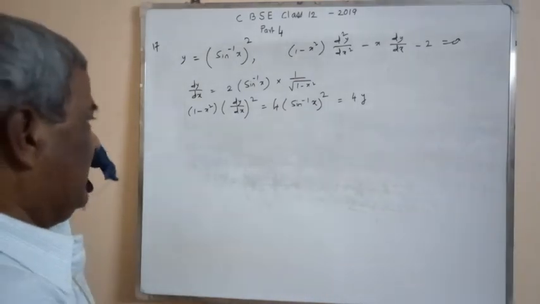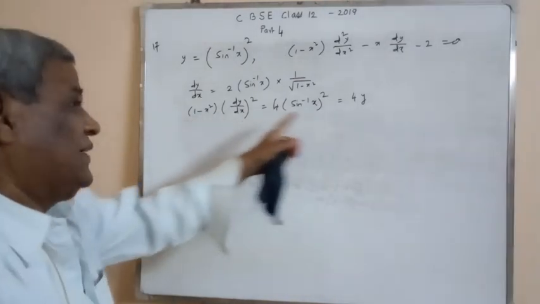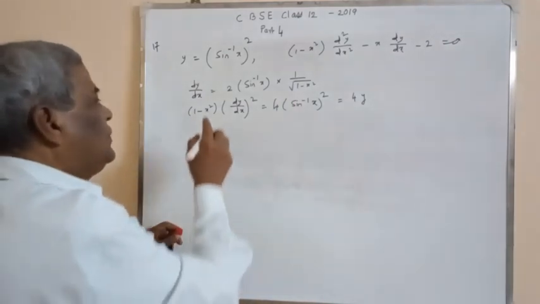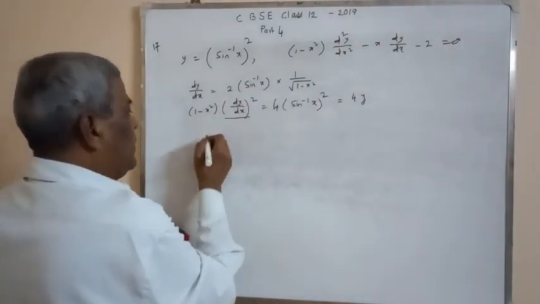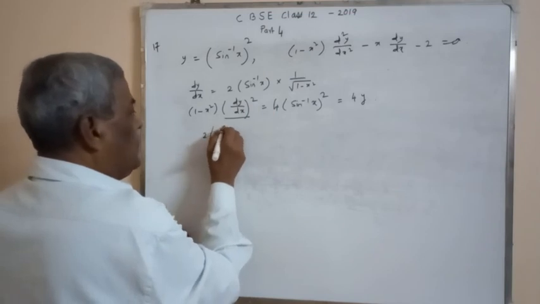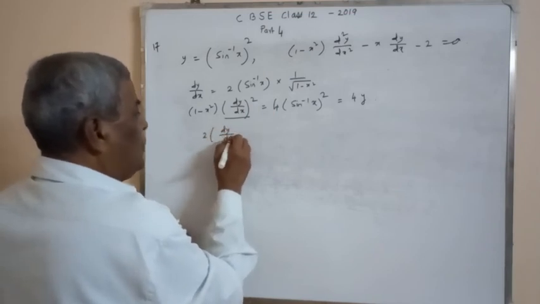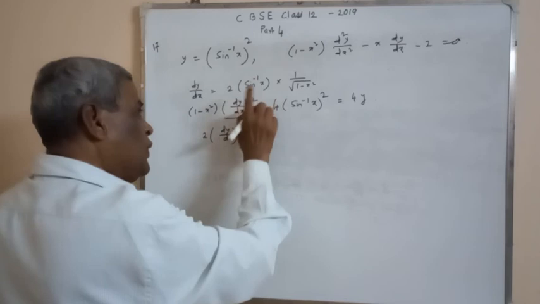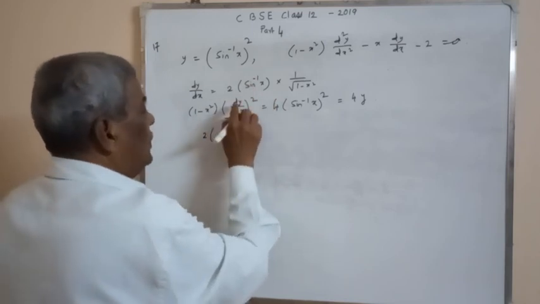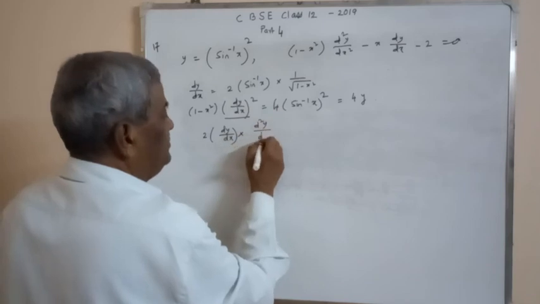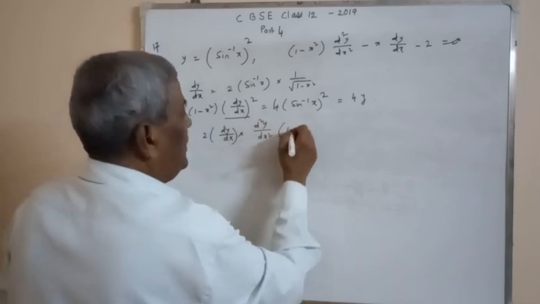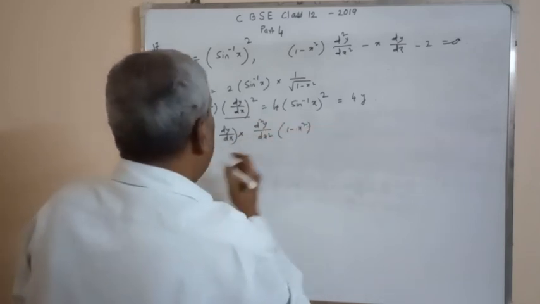Now once again differentiating both sides with respect to x. So the derivative of that, first I am writing: 2 into dy/dx to the power 1, 2 minus 1 is 1, into the derivative of that, d2y/dx2, into the first factor intact.